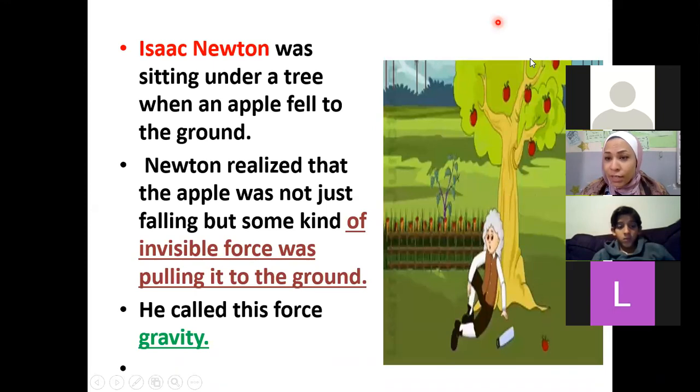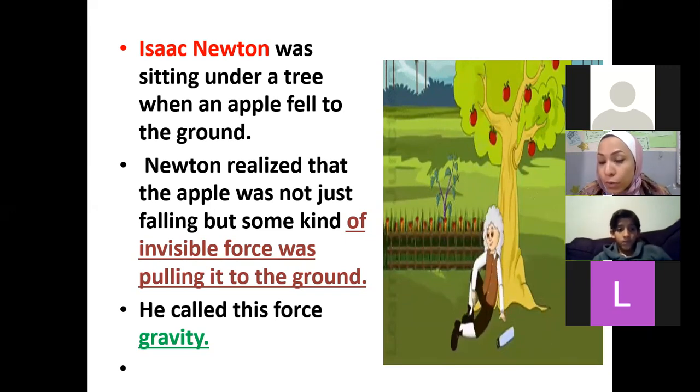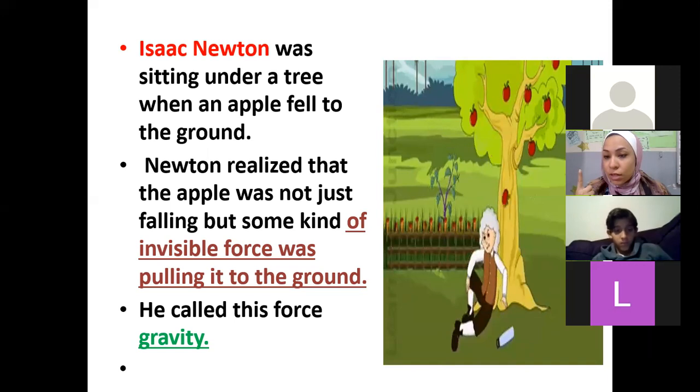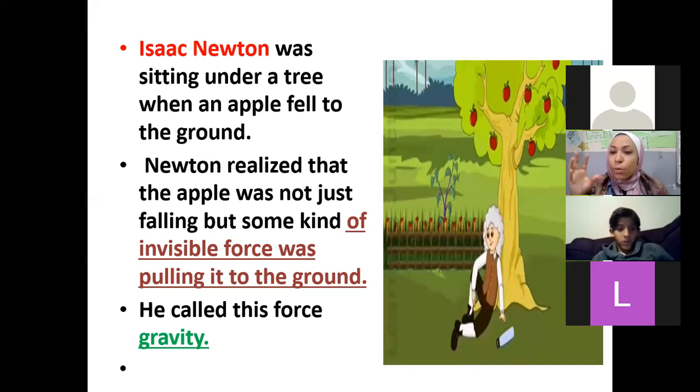So normally, any normal person will just say, ouch. But Isaac Newton had an idea. And this idea is what caused us to learn all of this force lesson. Okay, so Isaac Newton was sitting under the tree, and when the apple fell on his head, he said, I found it. Something is wrong. Why did the apple fall towards the ground?